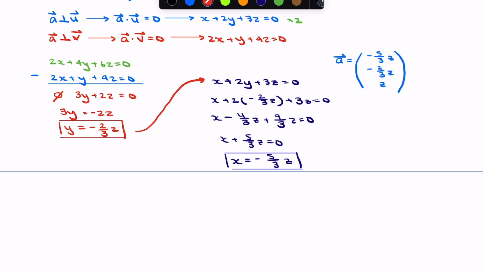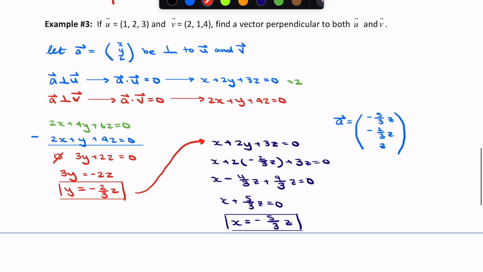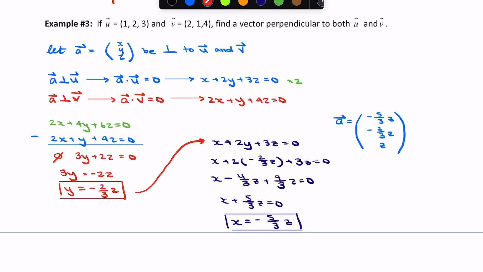That's equal to z. Again, if we factor that out, we have z times negative 5 over 3, negative 2 over 3, and 1.